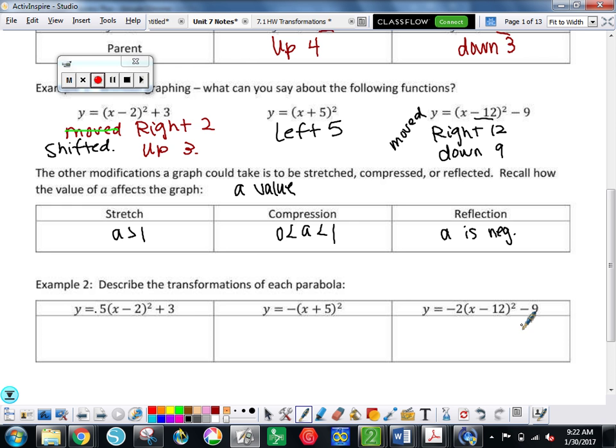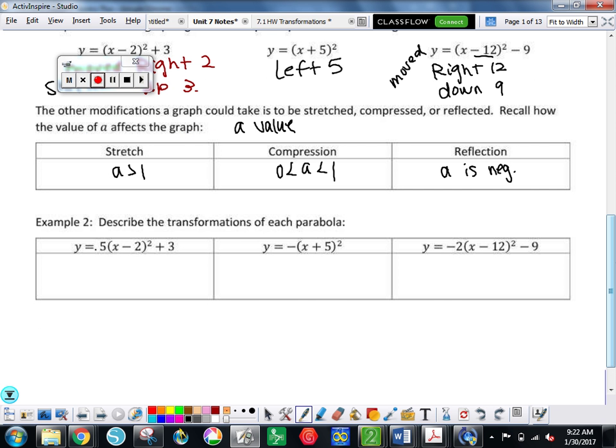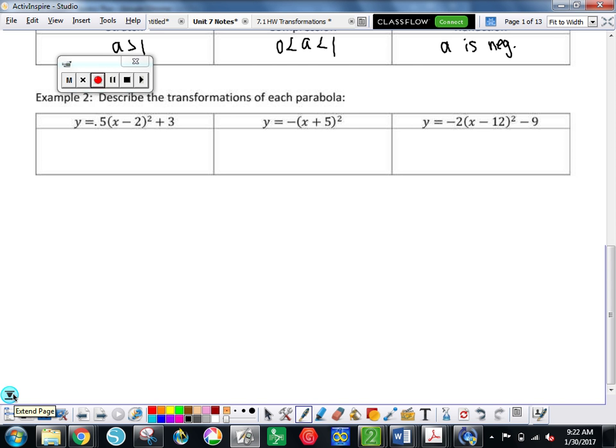So let's put both of those together now and talk about the different transformations on this graph. So for example 2, describe the transformation. We're going to start with any sort of shifting. So that minus 2 plus 3. So it moves 2 to the right. 3 what? Up, good.